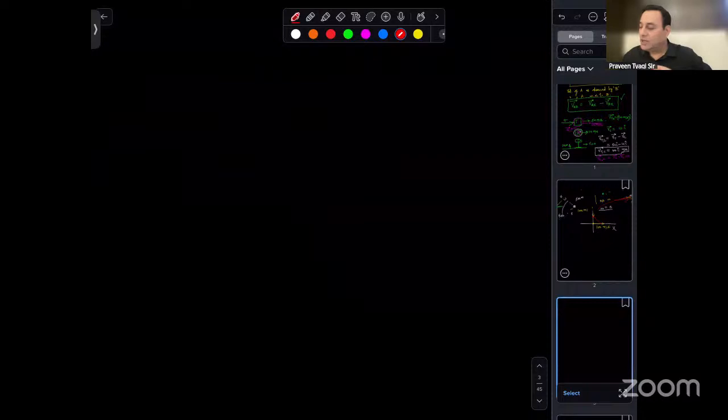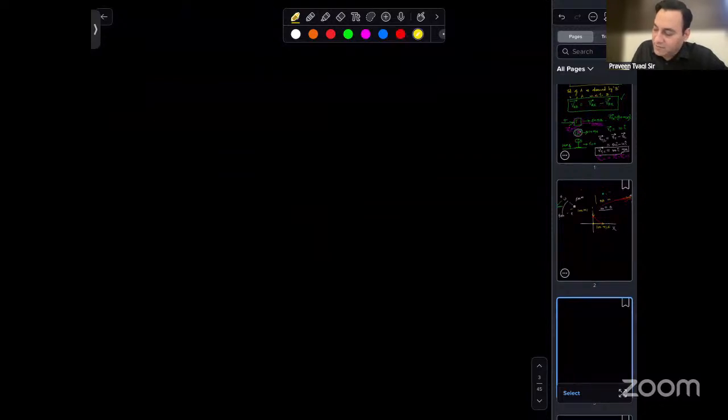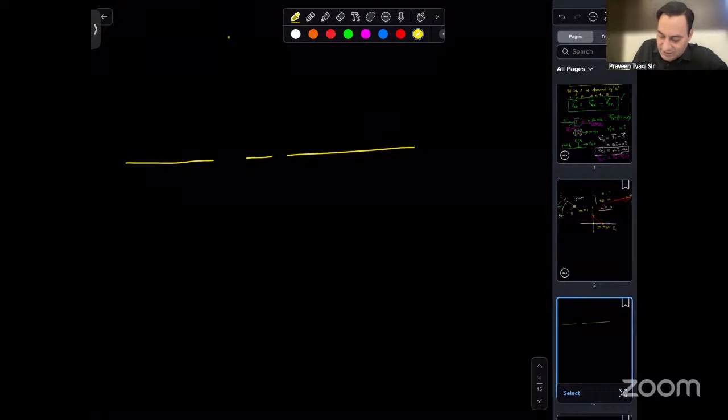Now, let me give you another question, and all of you please be attentive and try to do this question. If I tell you that there is a man moving along the x-axis and another man moving along the y-axis.